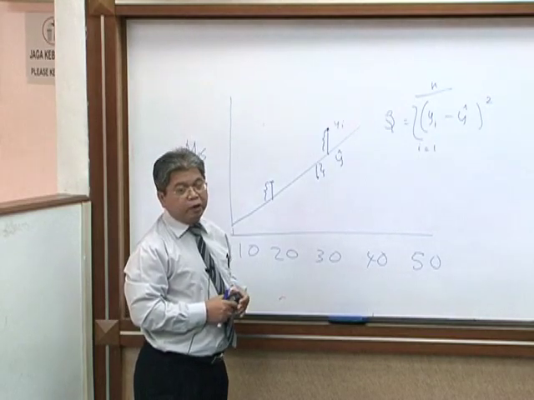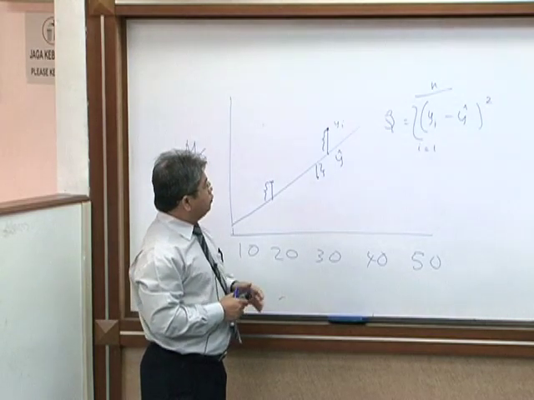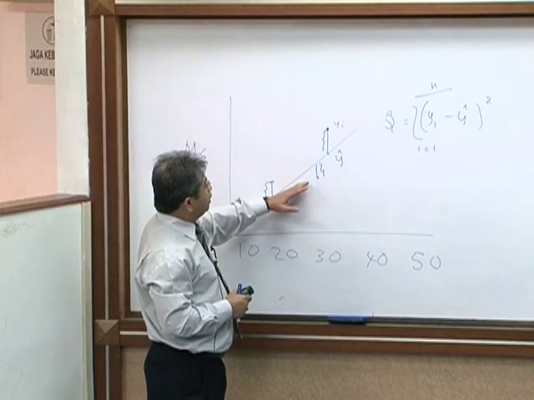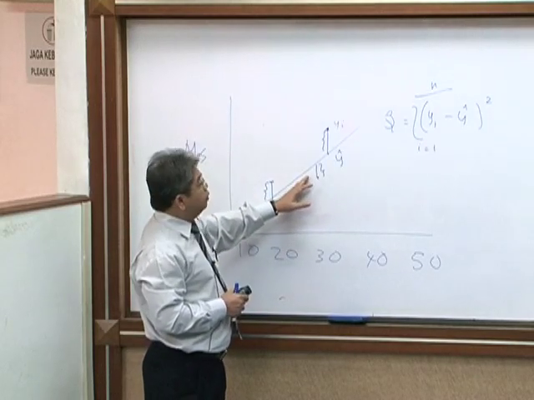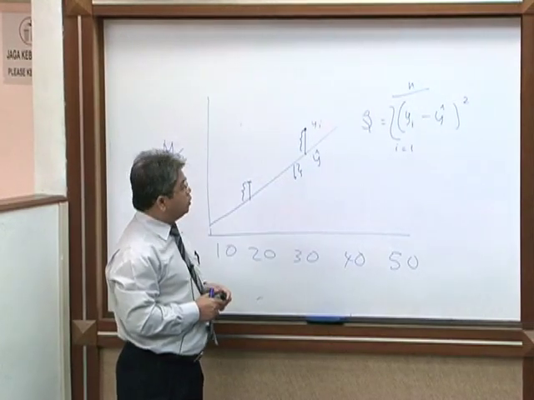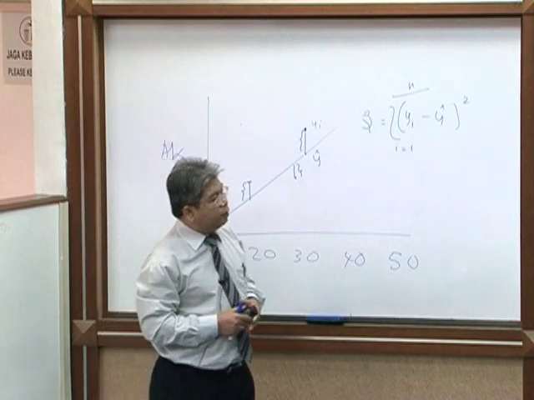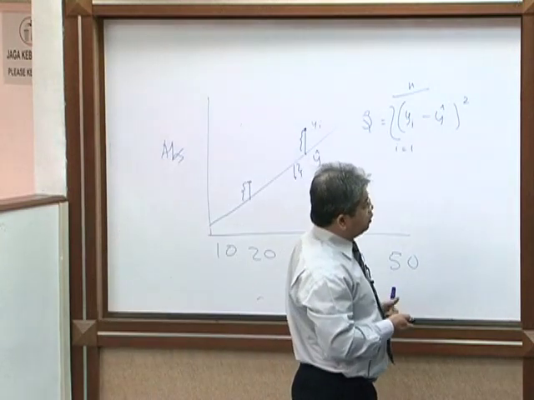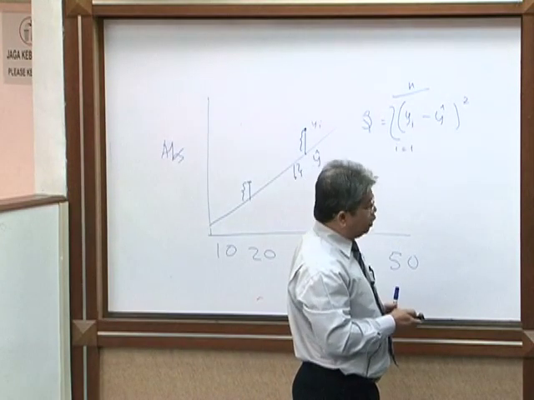If we find the right line, the Q value will be as small as possible. That's why it's called the least square method.